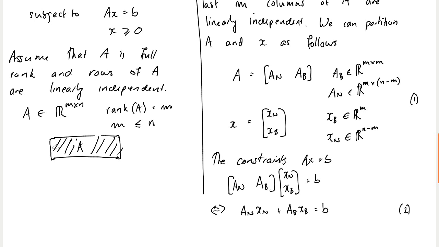I'll call that equation 2. Okay, so I haven't really done anything here. All I've done is split up our matrix A and our vector x in a particular way so that we can write our equality constraints in this particular form of equation 2.